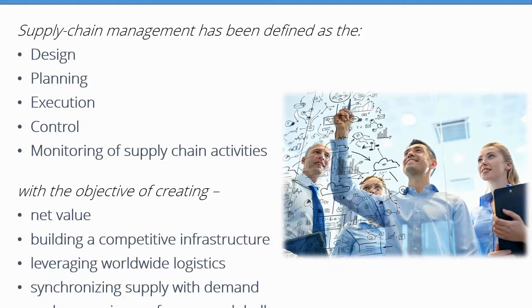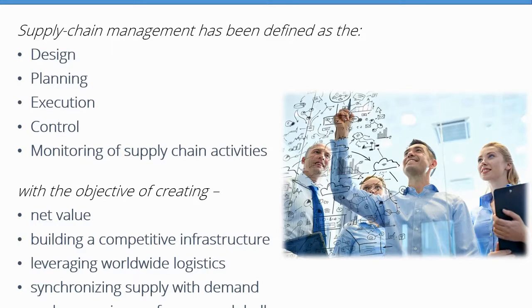You want to be able to have a competitive infrastructure. You want to be able to be fast and nimble to market. You want to be distinguished between your competitors. You want to be able to meet those challenges that occur when something happens.